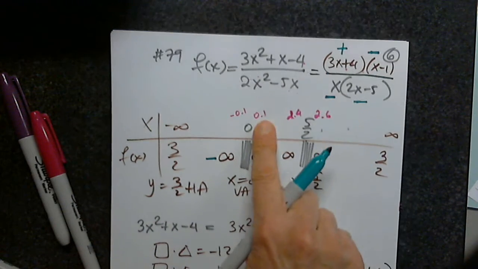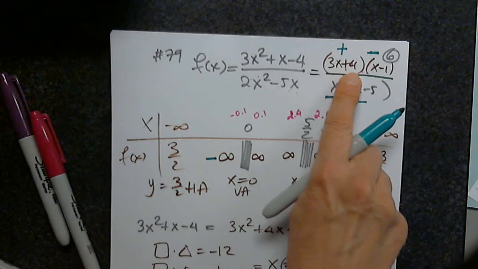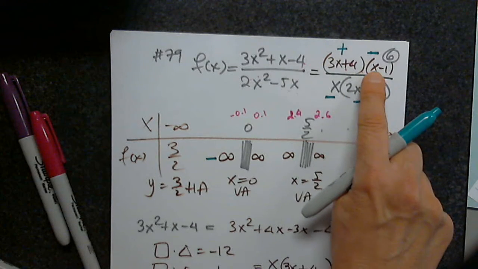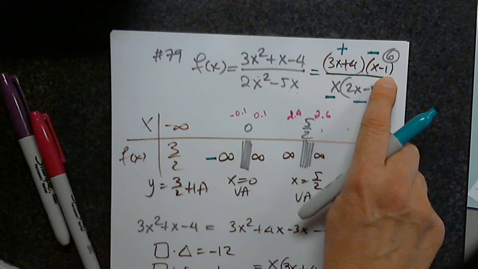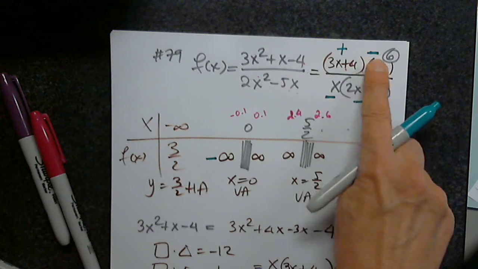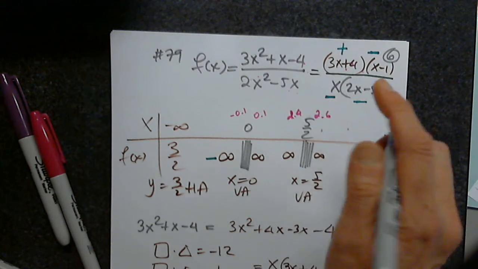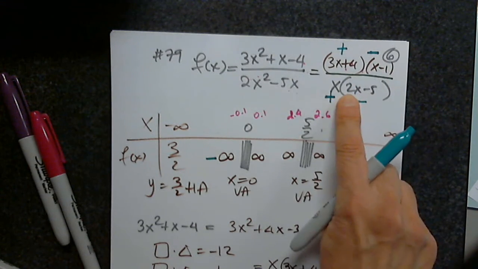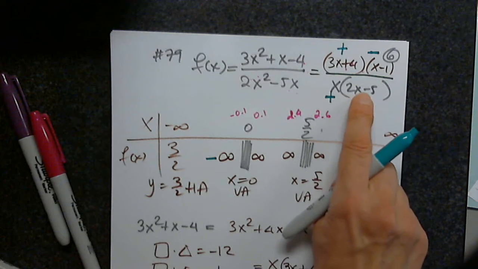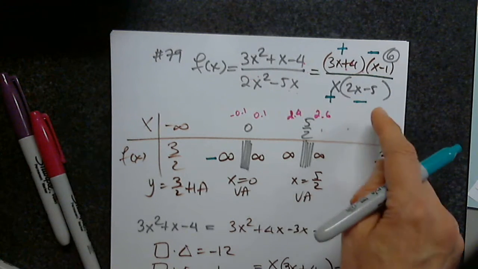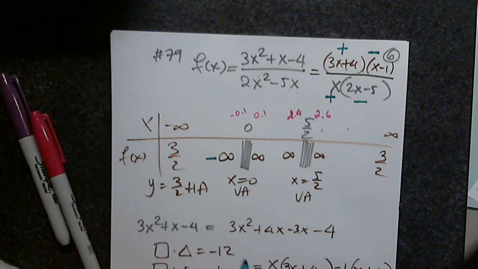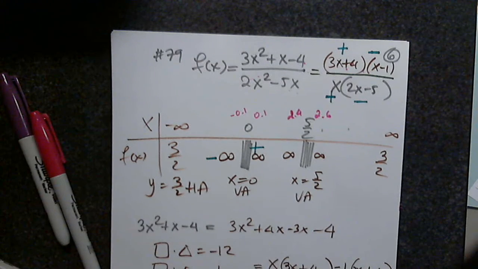With 0.1, 3 times 0.1 plus 4. 0.1 minus 1. 0.1. 2 times 0.1 is 0.2. 0.2 minus 5. 2 negatives. Done.